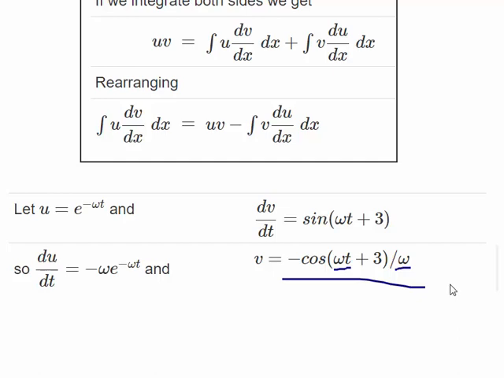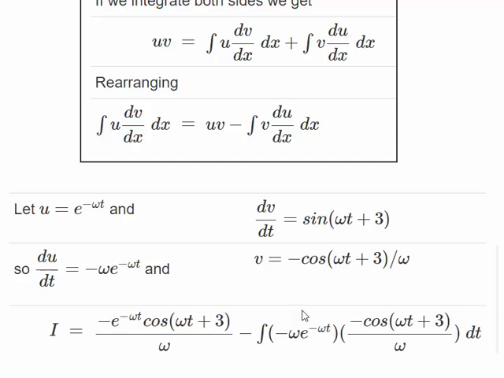So now we're going to say that the integral I is equal to uv minus the integral of v du dt. So this is equal to u times v, which is minus cos omega t plus 3 over omega, minus the integral of v du.